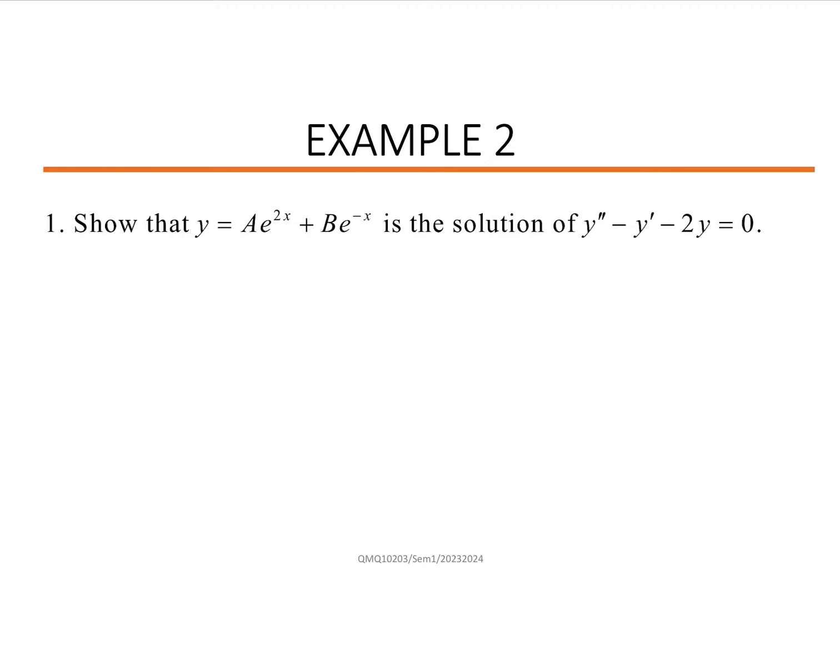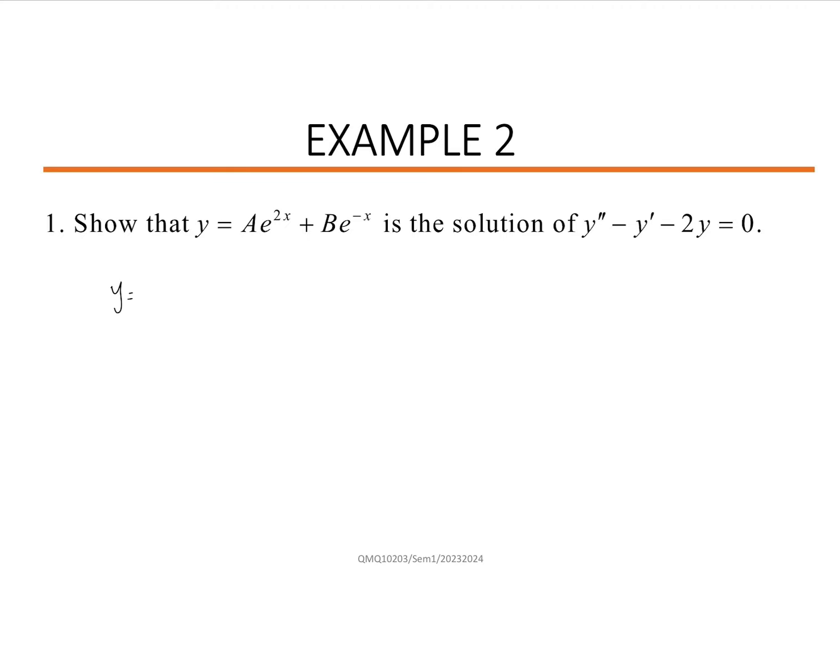So in order for this function to be the solution of this differential equation, it must satisfy the given differential equation. We have a second order derivative y'', a first order derivative, and y. So we need to differentiate up to second order.